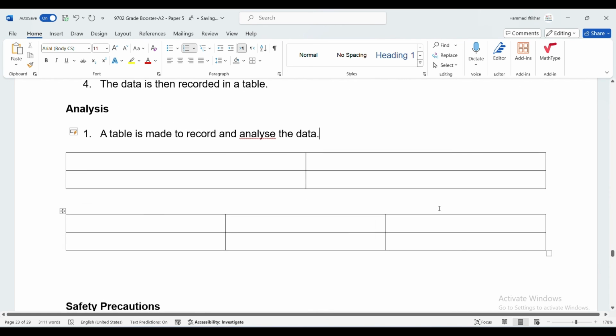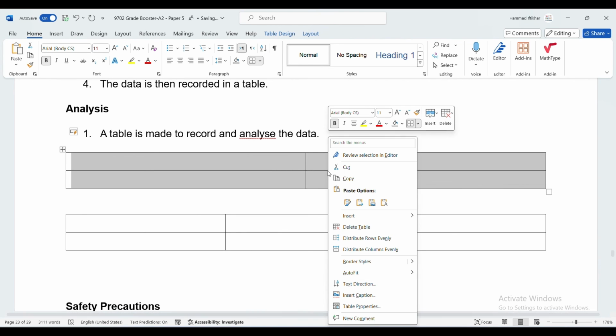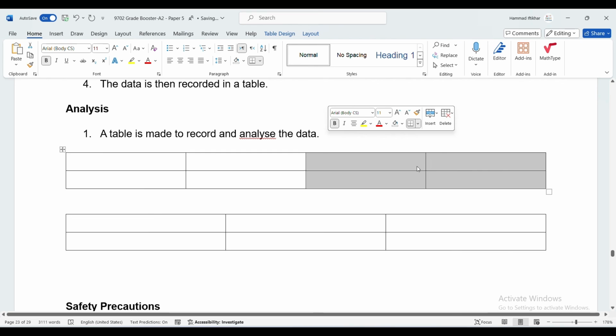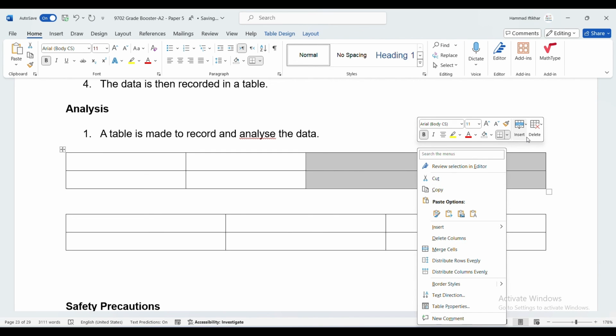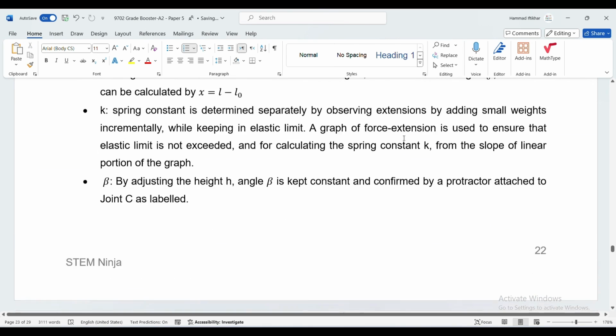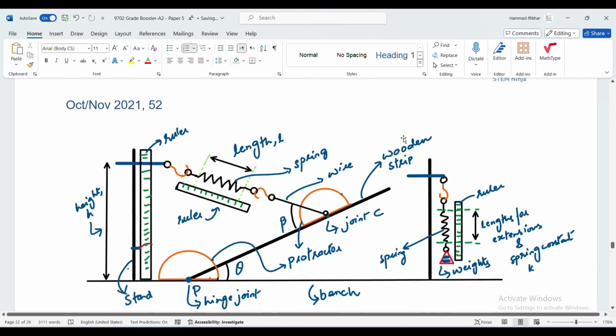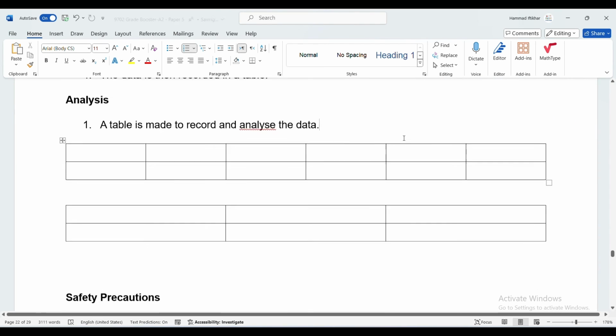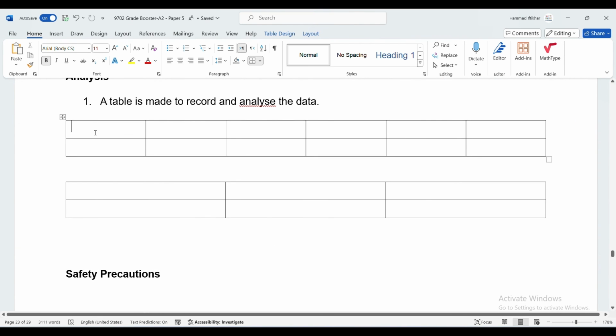Okay. Now let's see what kind of table we need. Let's add more columns into it. So what do we need? Angle theta, angle beta, and obviously their sine and cos.